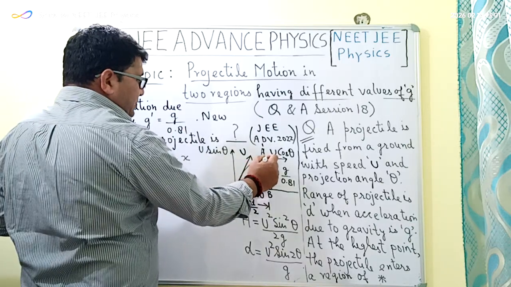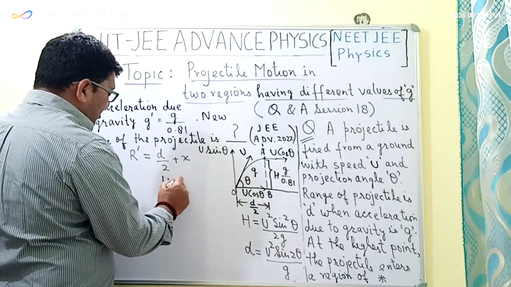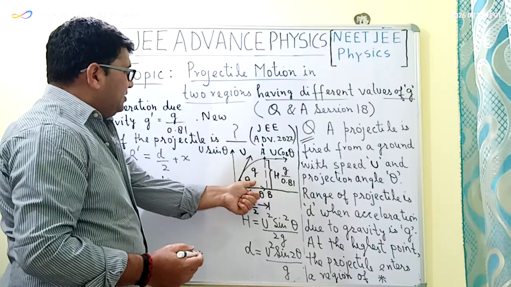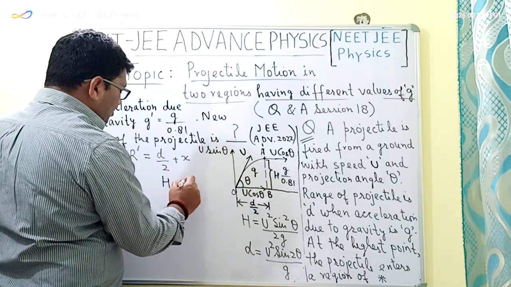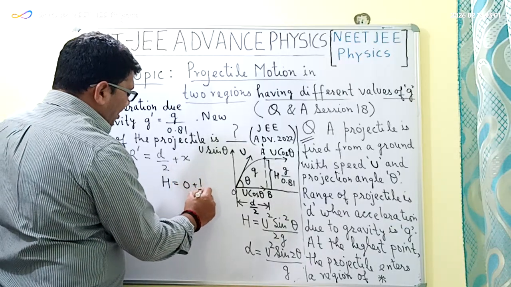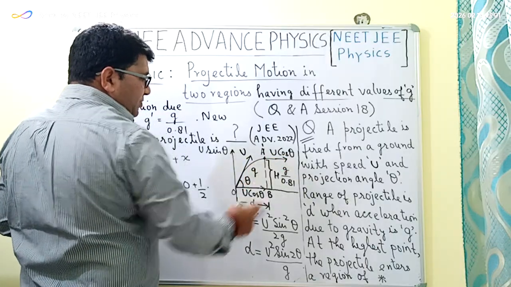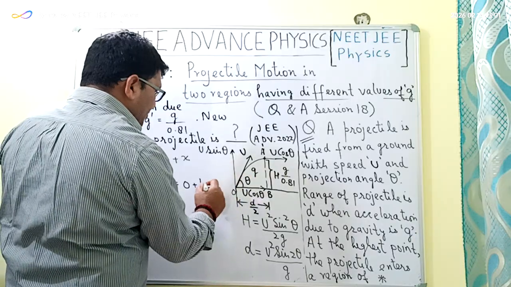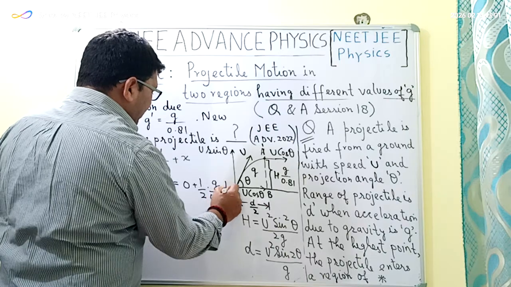Here at the highest point I have taken the maximum height equal to h, and the initial vertical component of the speed is 0. So h is equal to 0 plus half into g divided by 0.81 into t square.